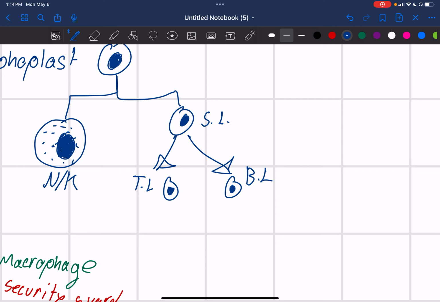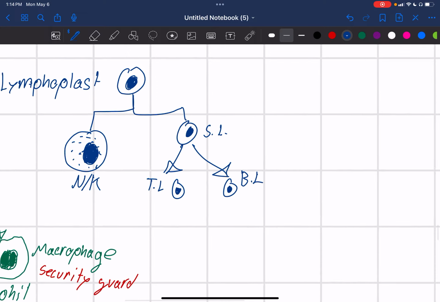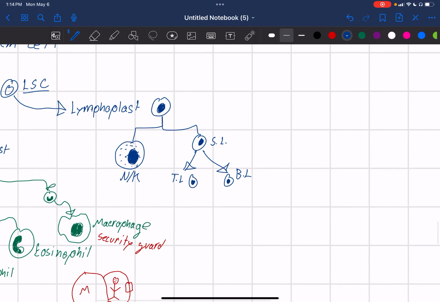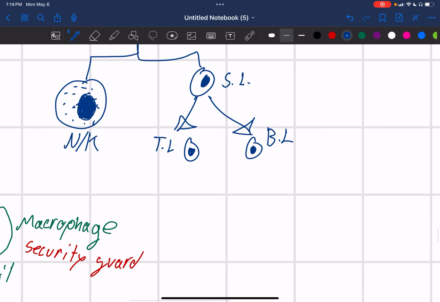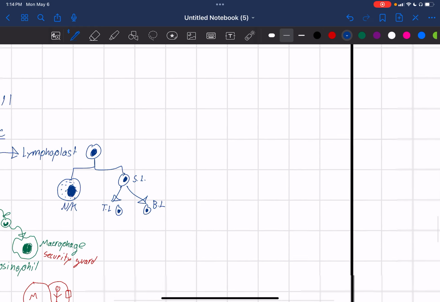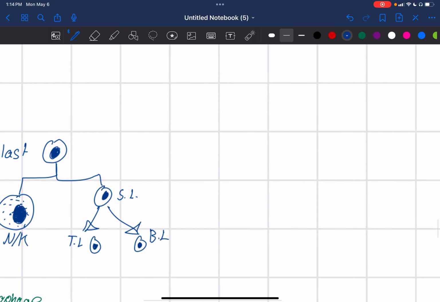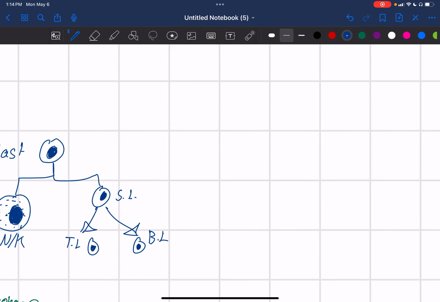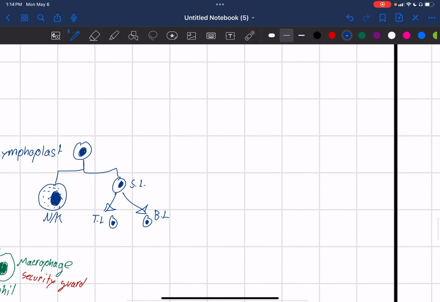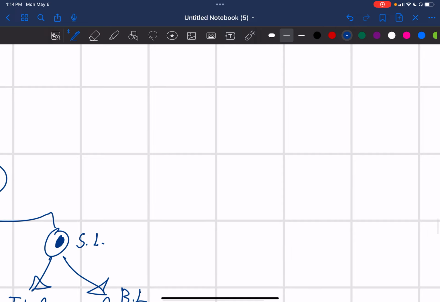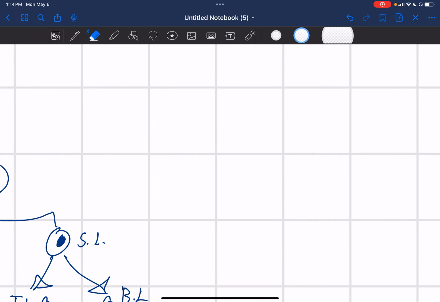So the T lymphocyte is essentially a specialized cell within your immune system, and this one develops primarily within your thymus, right? So the cells within our immune system develop primarily in two different parts. So our white blood cells, or our blood, is created within the bone marrow. Okay, let me try drawing a bone if I can.